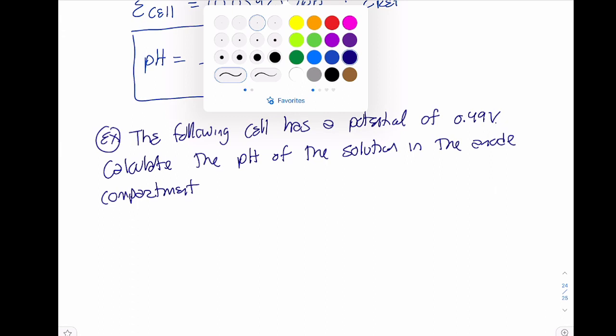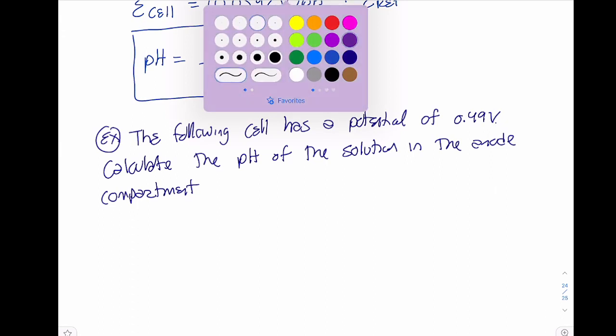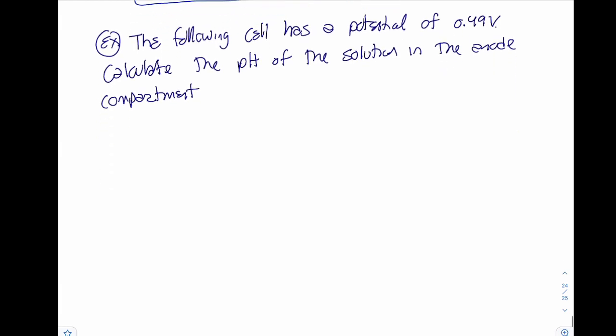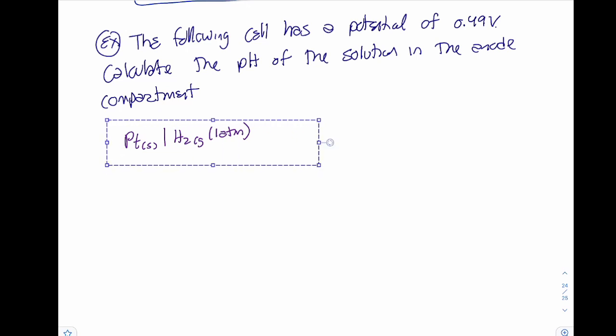And then I'm going to give it to us using shorthand notation. And then from that, we'll actually write our equation. So I'm going to have platinum, hydrogen gas that is at 1 atmosphere. When we learned our shorthand notation, I said that sometimes concentrations and pressures are included in the notation.